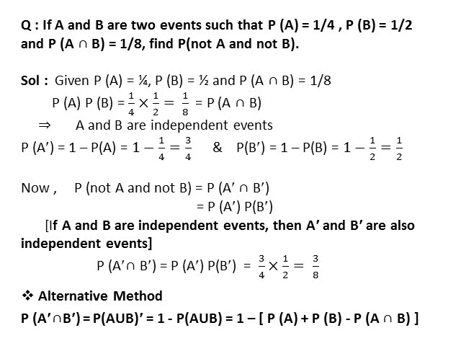And probability of (A union B) whole complement equals 1 minus probability of A union B. Now, using the addition theorem on probability, we can write P(A union B) equals P(A) plus P(B) minus P(A intersection B). After this, substitute the values, then simplify it. We get probability of A complement intersection B complement.